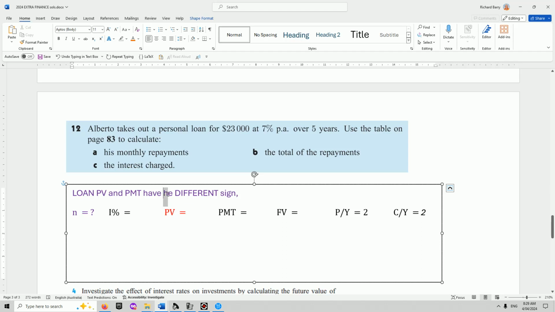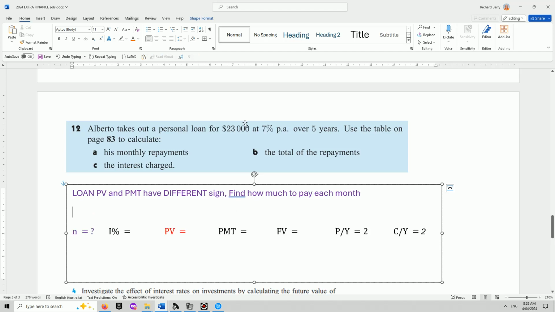Okay, so what are the steps? Generally, you're going to find how much I have to pay each month to pay this off. Then typically we want to find how much you pay back in total.